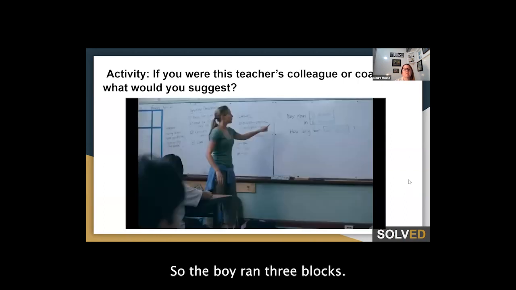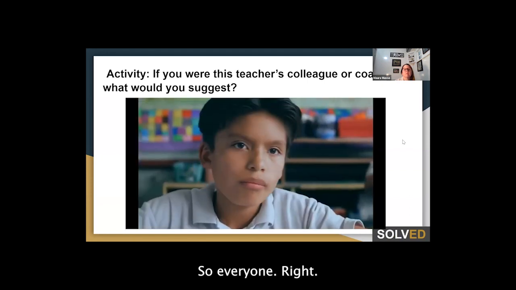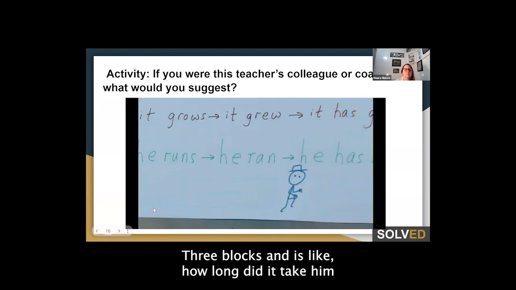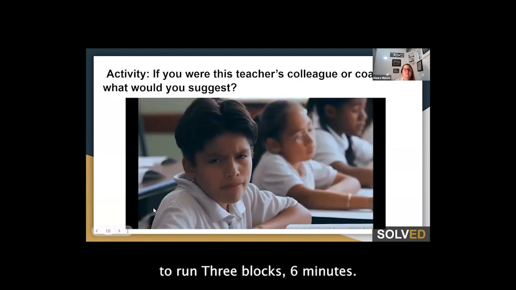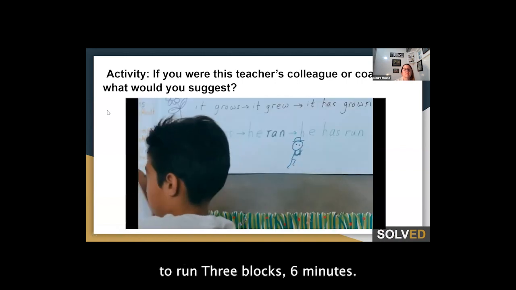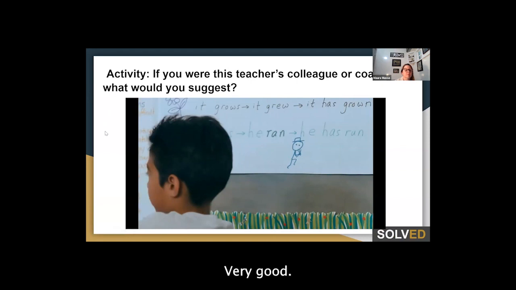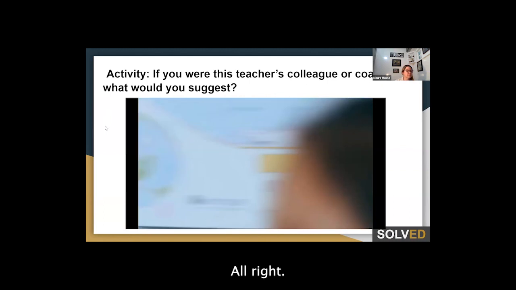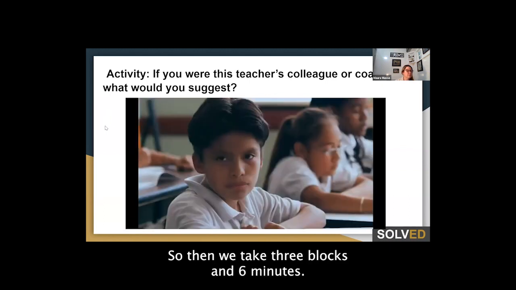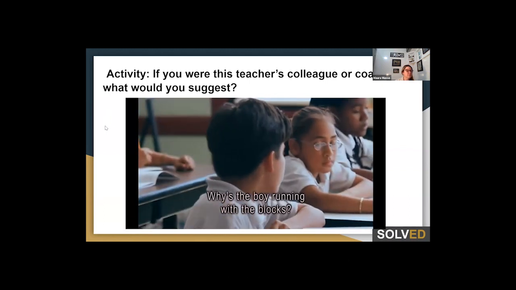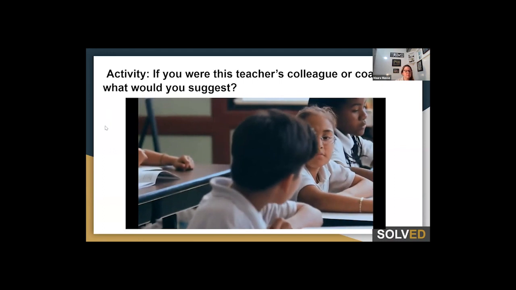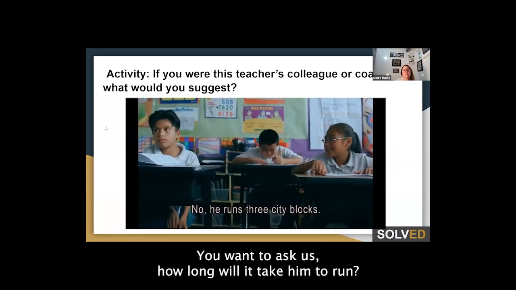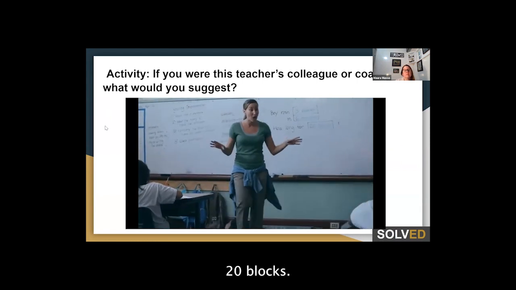So the boy ran 3 blocks. So everyone write 3 blocks. How long did it take him to run 3 blocks? Michelle? 6 minutes. Very good, 6 minutes. Right, so then we're going to take 3 blocks and 6 minutes. ¿Por qué el niño corre con los bloques? The questions are going to ask us, how long will it take him to run 20 blocks?